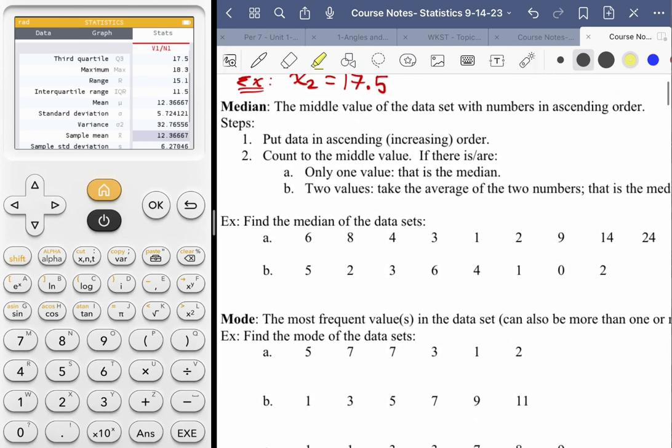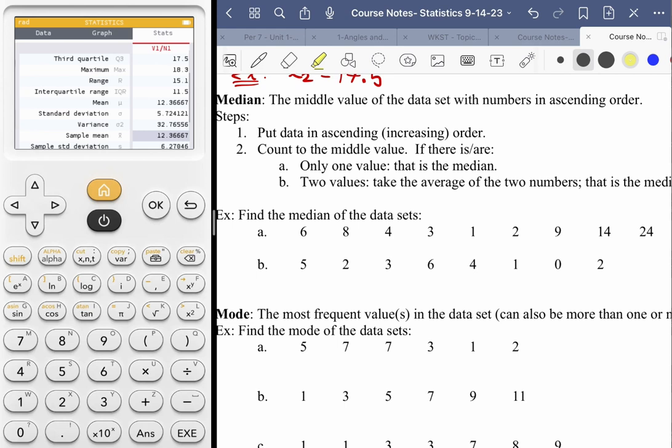There's a bunch of different techniques for finding medians by hand. I just kind of settled on this one because it was the simplest one to explain. What you're going to do is sort the data in increasing order. Ascending or increasing order means the same thing. We count down to the middle. If there's only one value in the middle, that's the median. If there are two values, then we find the average of those two values.